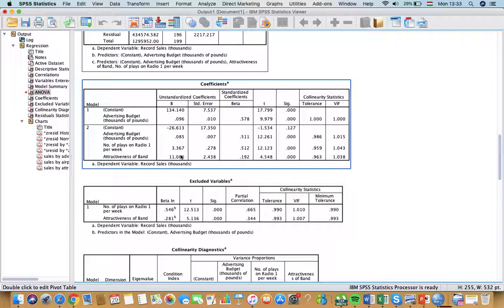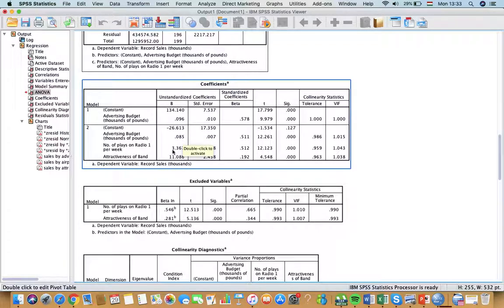For example, if you look at the advertising budget, which is 0.085, if we increase this by 1 unit, then the record sales will increase by this number. Remember that both variables were measured in thousands. So if you increase the budget by £1,000, that means 85 extra records.